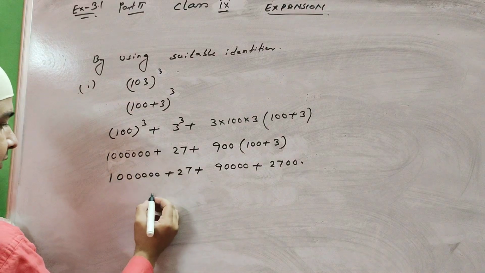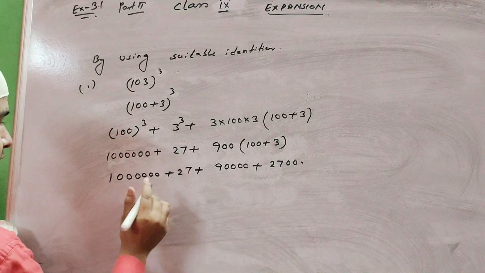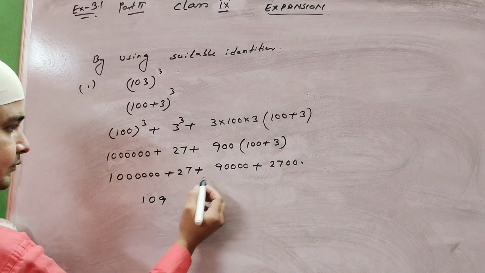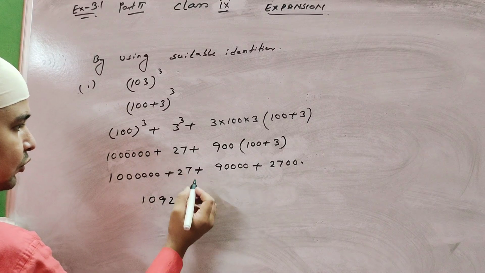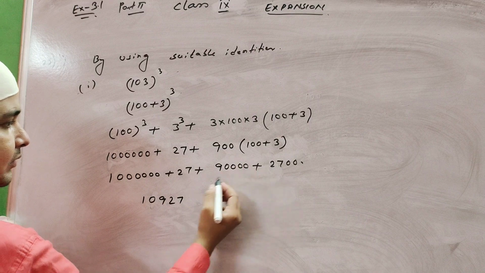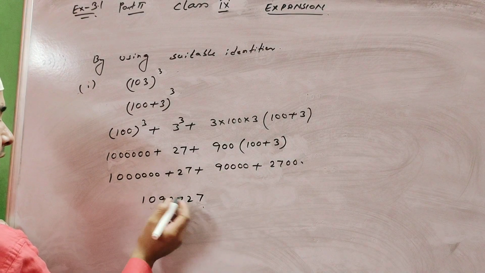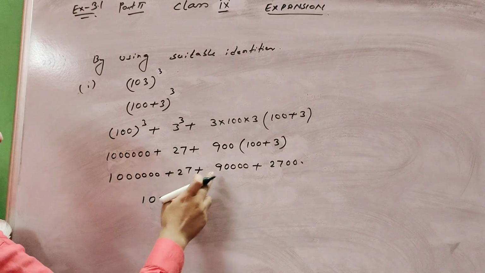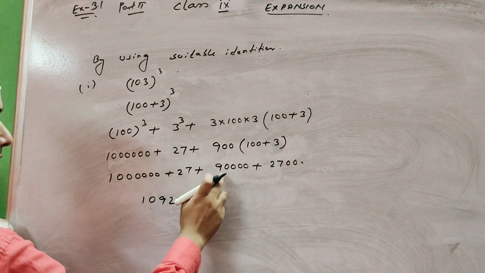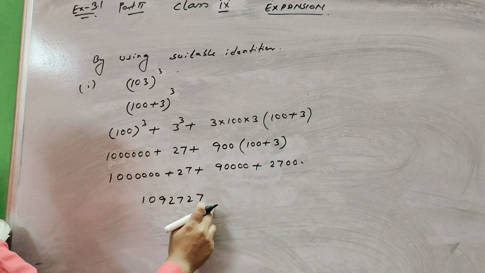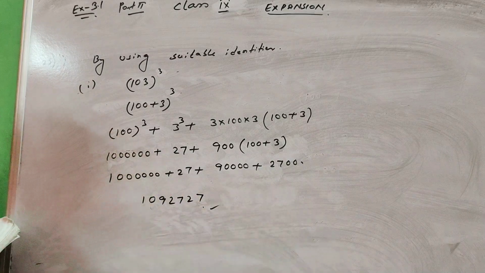So we add this: 10 lakh plus 90,000 plus 2,700 plus 27, that is 10,92,727. Okay, note.